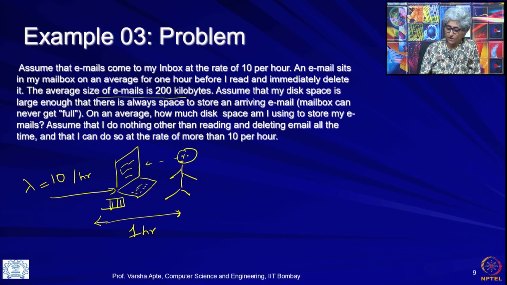Assume that my disk space is large enough that there is always space to store an arriving email. That means the mailbox never gets full, there is an infinite buffer on the disk in the laptop, so I do not have a problem of a mail getting dropped or anything.